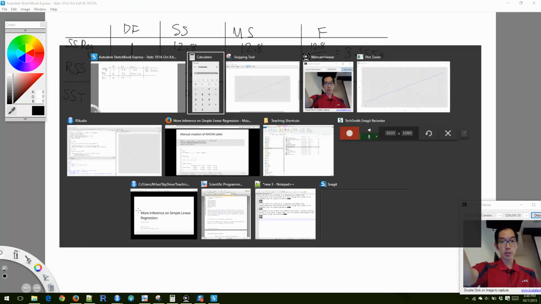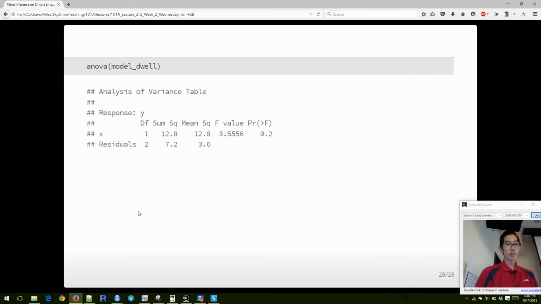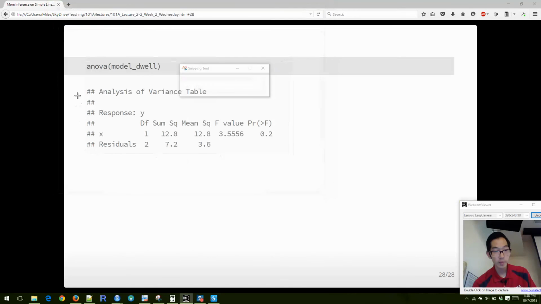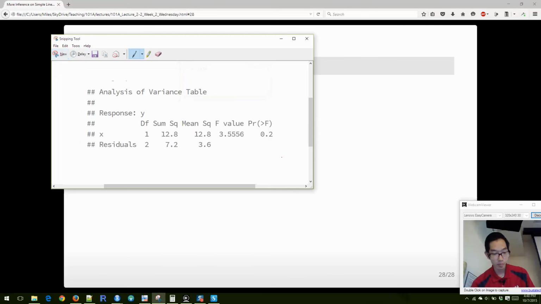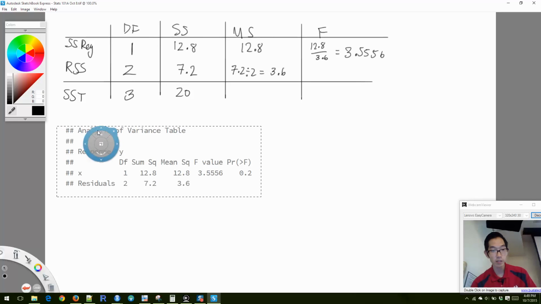And if we go back to R, and I say, okay, create an ANOVA, what we see is that this ANOVA matches what we have found manually.